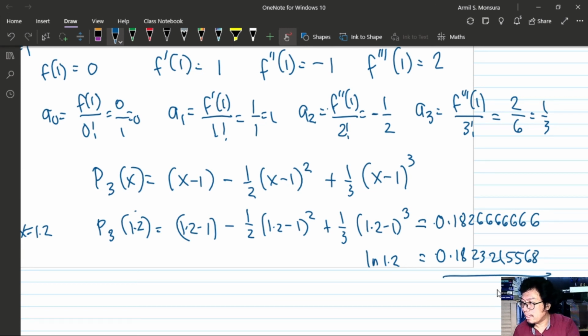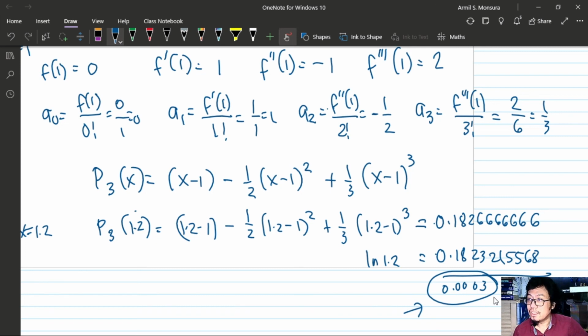If you actually subtract these, they are actually different at this digit. I'll never mind all the other digits, I'll just mind this one. So the error is actually about 0.003.